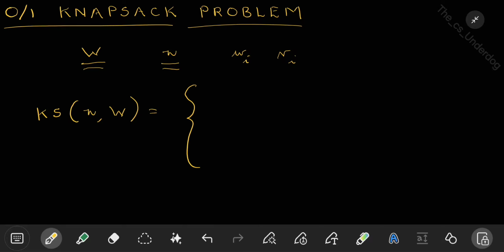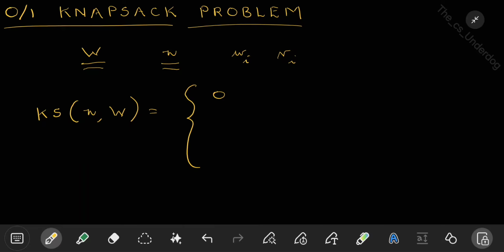So what all are the cases possible? First case is, what if your n is 0? If n is 0, there are no items at all, which means you can't include anything in the knapsack and your profit will be 0. What if W is 0? Your knapsack has 0 capacity. In that case also, you cannot include anything and your total profit will be 0.